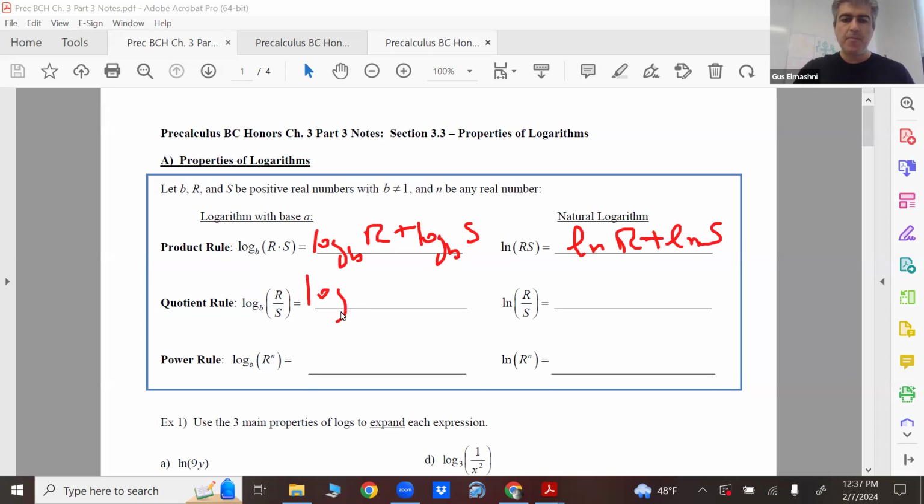Next up, log of a quotient. You subtract. You guys got it. Ln r minus ln s.